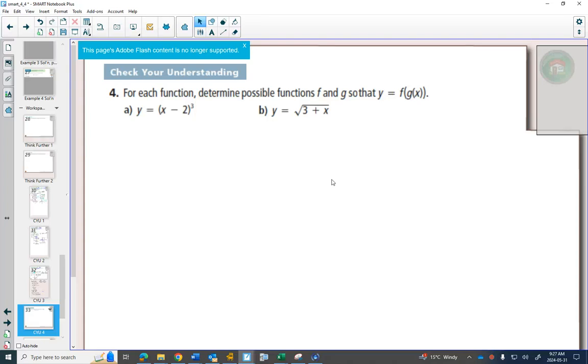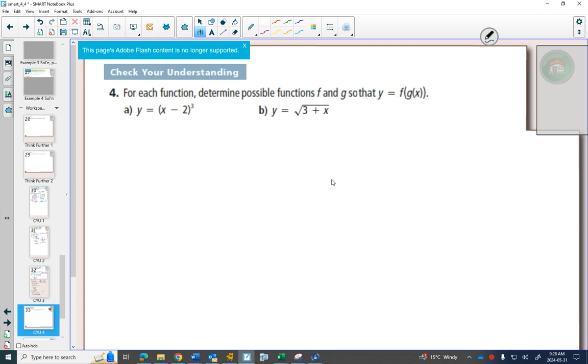For each function, determine possible functions f and g so that y equals f of g of x. Okay? Now, just like in the last section, there's a shortcut, but this one in particular is really useful for calculus, and doing it the right way or not using a shortcut is actually going to be more beneficial for you in calculus.